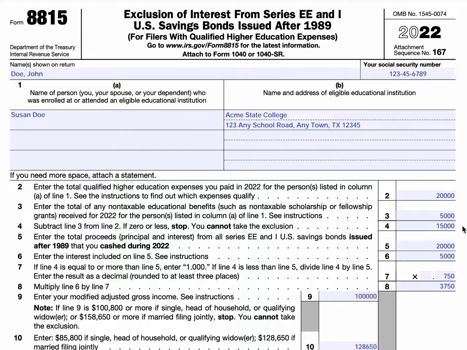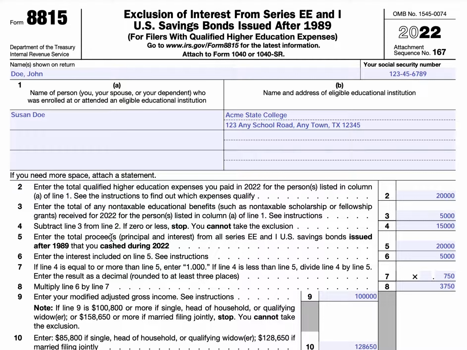Now obviously if the amount of scholarships that you receive is equal to or more than your higher education expenses, well then you're not going to be able to use all of the scholarships, but then you're also not going to be able to exclude the interest. So if you cashed in a bunch of bonds, but then you ended up being made whole, then you're probably going to have to pay taxes on those bonds.